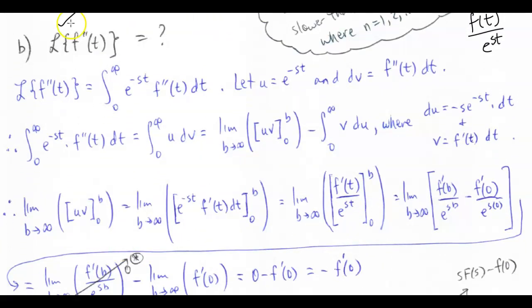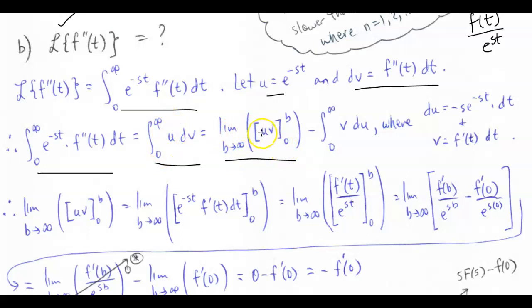So if we look at taking a Laplace transform of the second derivative, of course, we just follow the definition again, identify what our u and dv would be, and then just substitute everything in. What we're looking for here is just going to be the integral of u dv evaluated from 0 to infinity.